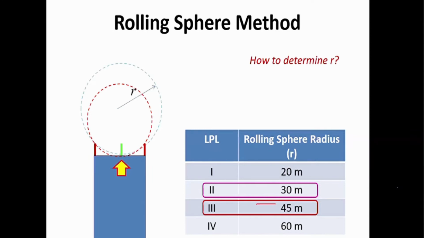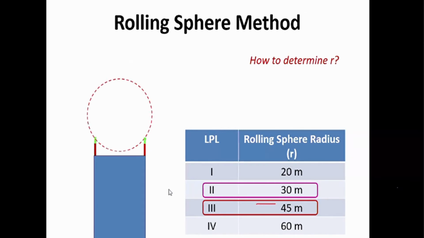So you can see here that it is touching the building. What we have to do now is increase the size of the air terminations so that the smaller sphere can still rest on that without touching the building.